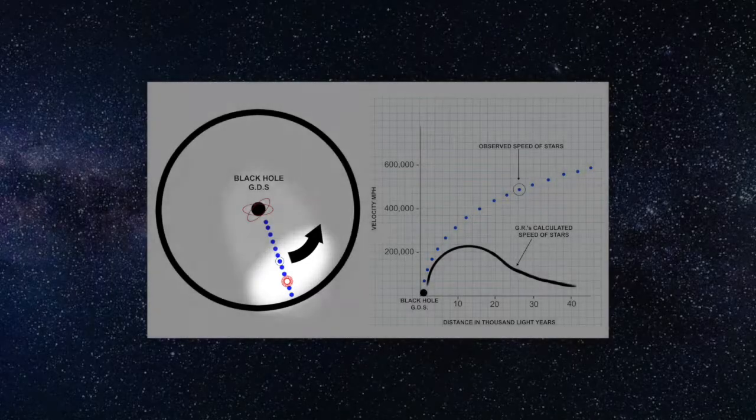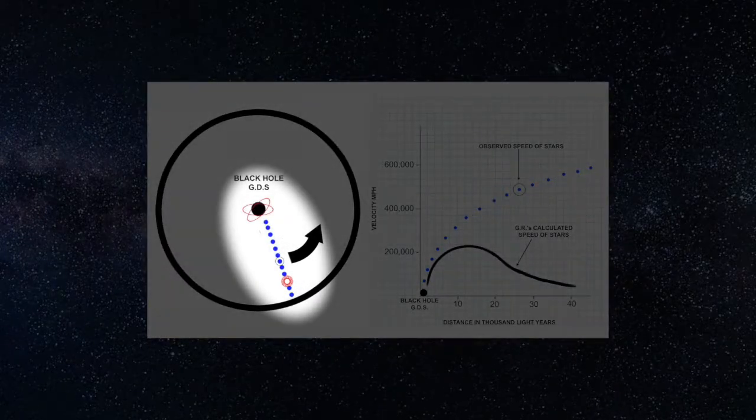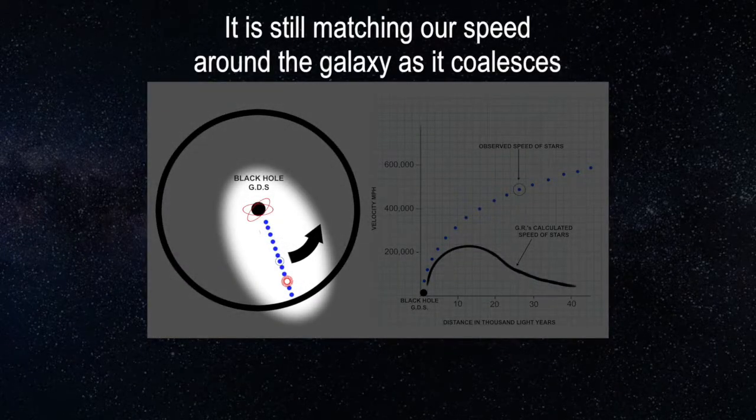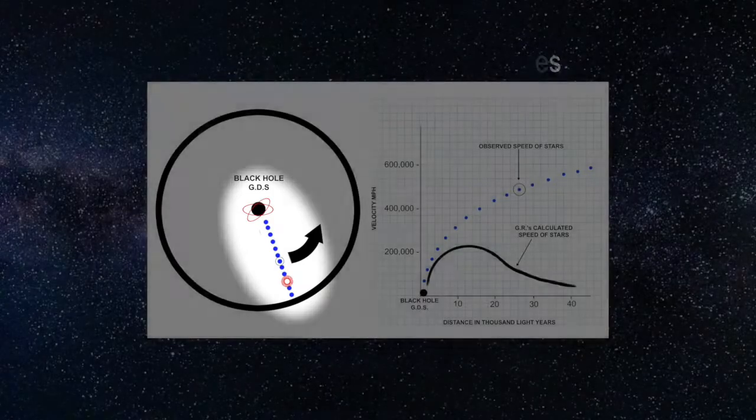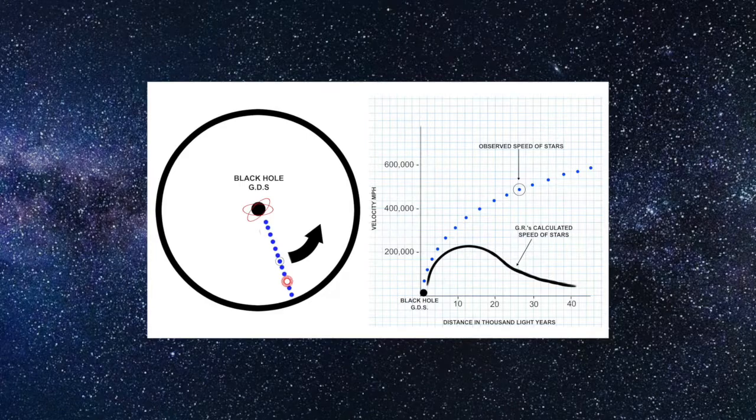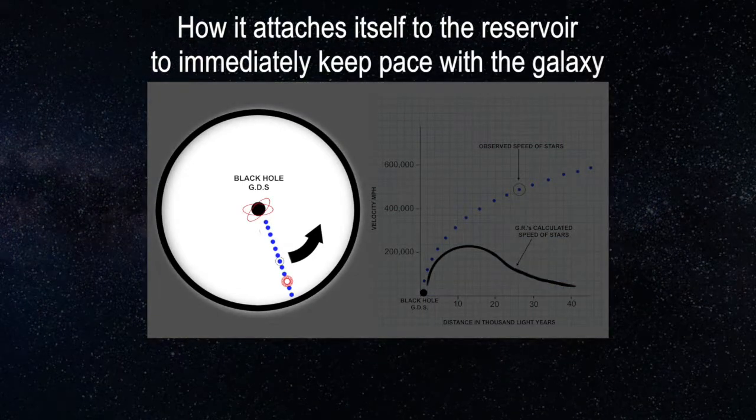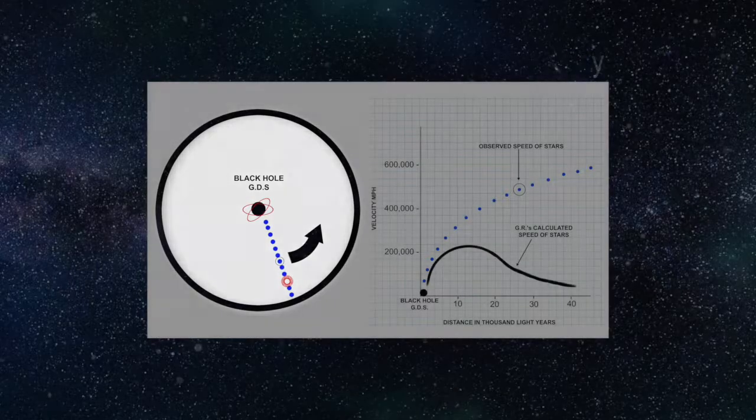The nebula was blown free from the star that went supernova, but it is still matching our speed around the galaxy as it coalesces. In a later video, we will further explain how it attaches itself to the reservoir to immediately keep pace with the galaxy.